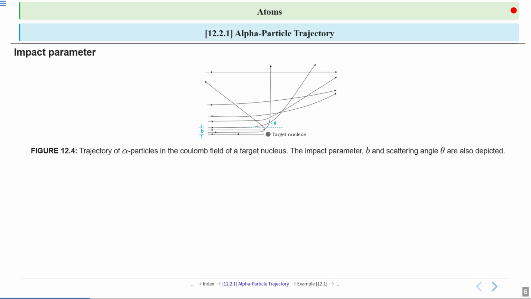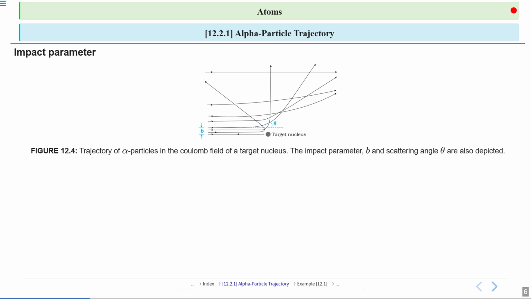The diagram shows the trajectory of alpha particles as they approach a nucleus. Figure 12.4: trajectory of alpha particles in the Coulomb field of the target nucleus. The impact parameter b and the scattering angle theta are also depicted. You can see a target nucleus and a number of alpha particles coming at different impact parameters, at different perpendicular distances from the nucleus.